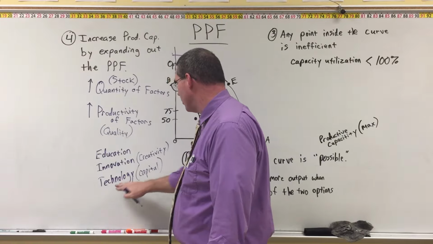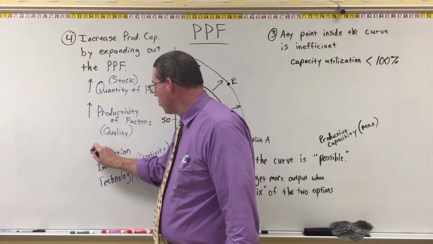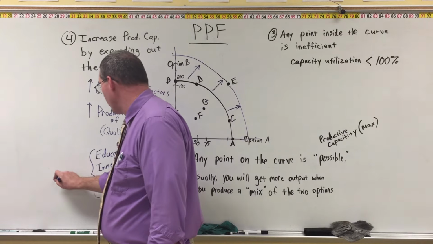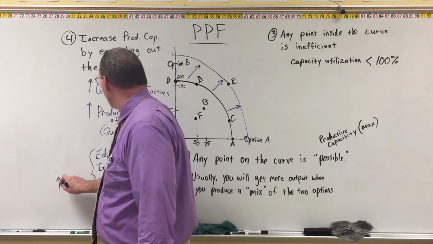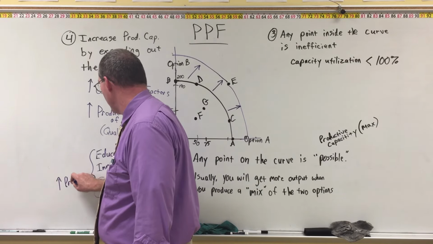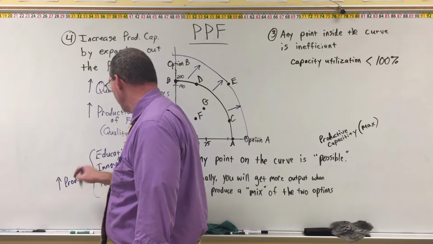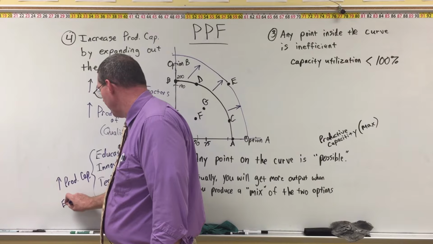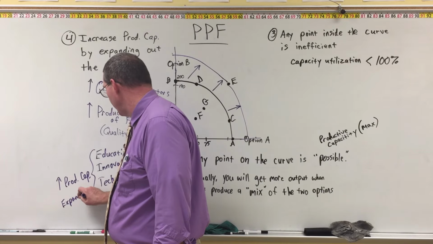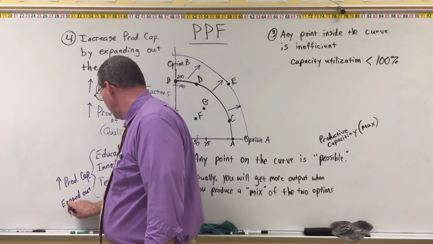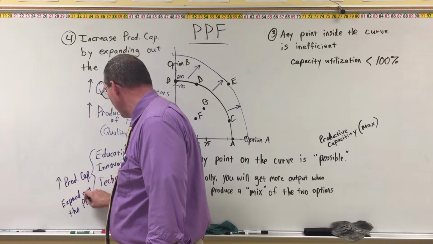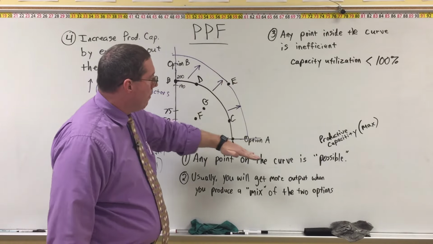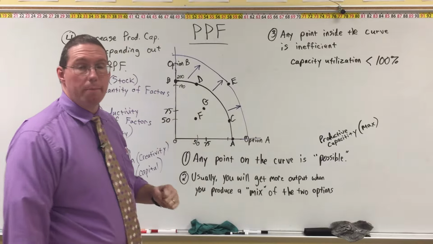If we can improve our technology, then by improving all three of these things, we will increase our productive capacity, and when we increase our productive capacity, we will expand out the PPF, the Production Possibilities Frontier, and then that expands how much of option A we can do and how much of option B we can do.